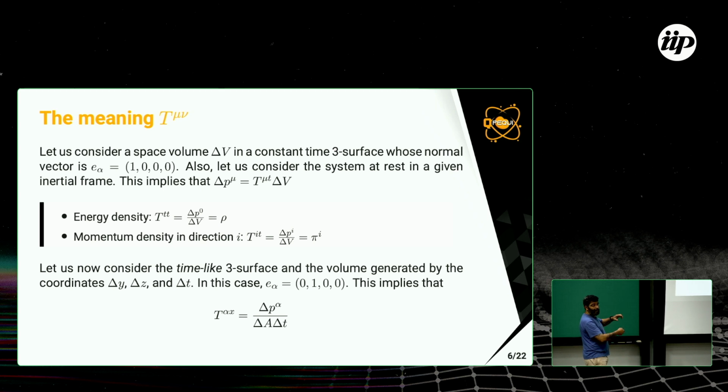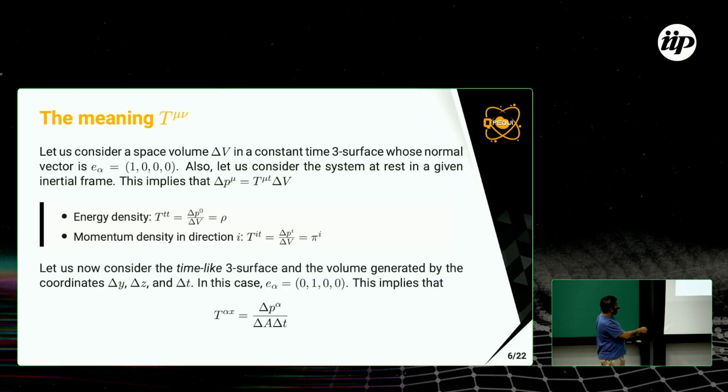Okay, it's hard to visualize, but if you pick any vector here, it is going to be perpendicular, orthogonal to this. So that's the meaning of orthogonality, at least here. It's a little bit different for null surfaces, but okay, we'll talk about this later.